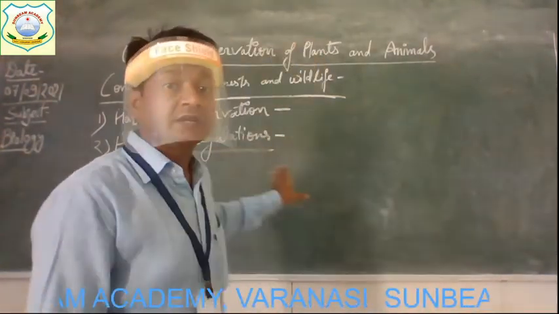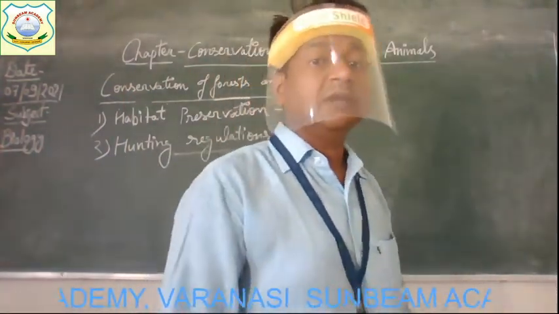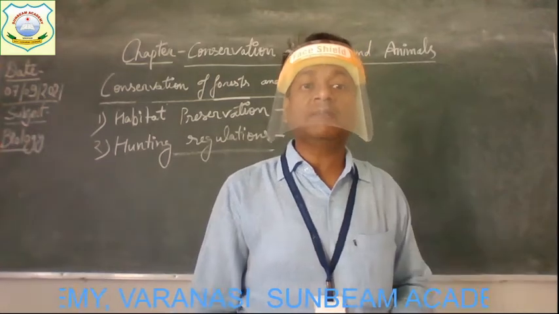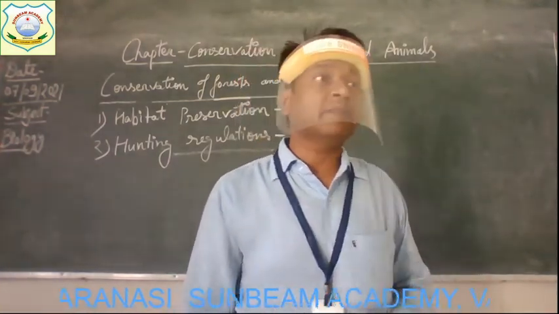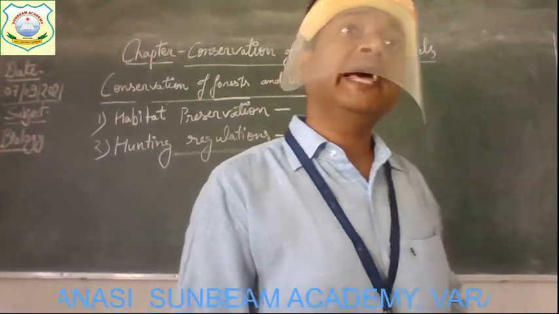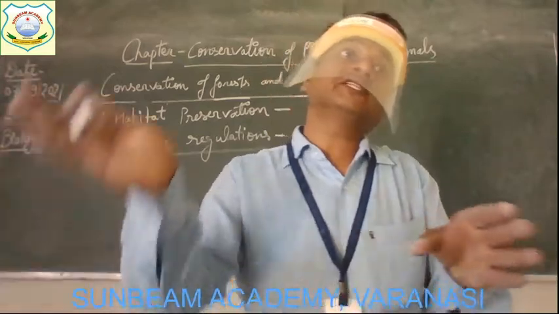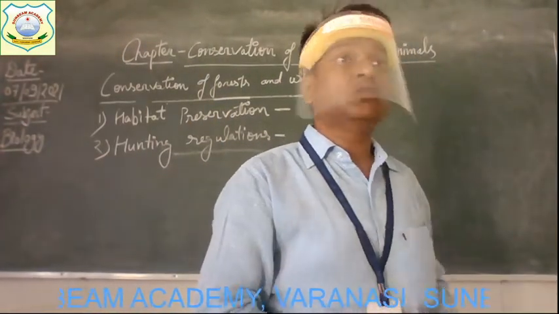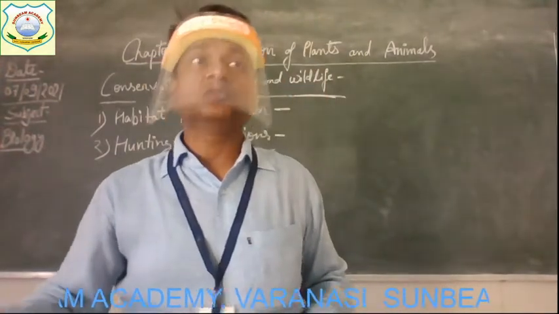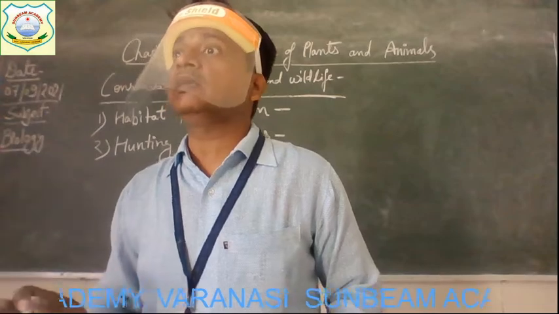Alright, so government regulations related to hunting and their effective implementation are very important for wildlife conservation. So what does the government have to do here? The government has to make strict laws, and those laws must be adopted by everyone and implemented. The officers who are appointed for it must work efficiently.